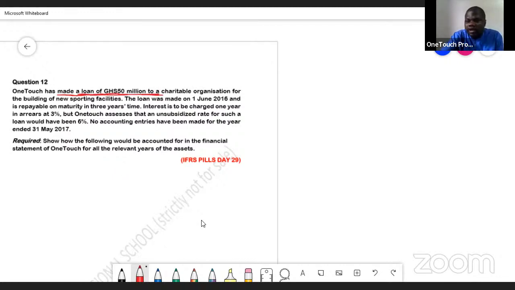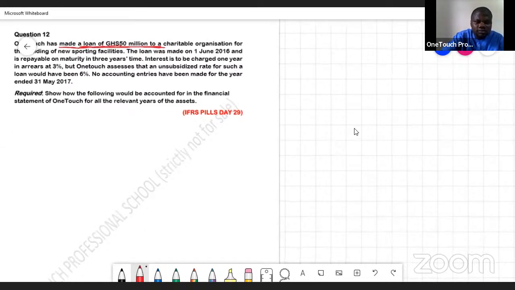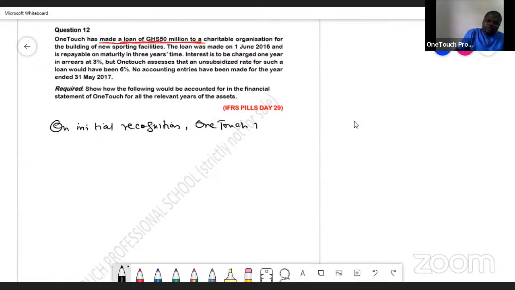Okay, so as usual, we say that on initial recognition, one side must recognize the investment at fair value.